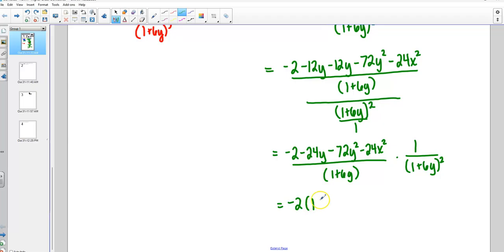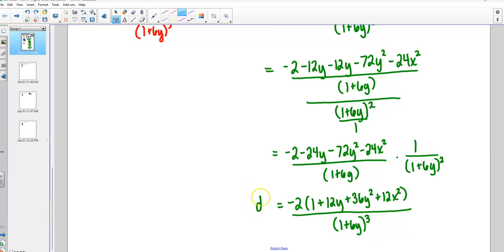I think I will. 1 plus 12y plus 36y squared plus 12x squared all over 1 plus 6y cubed there. I don't think there's anything you could do with that numerator that would cancel out with the bottom, so you would just stop here. And there is your second derivative.